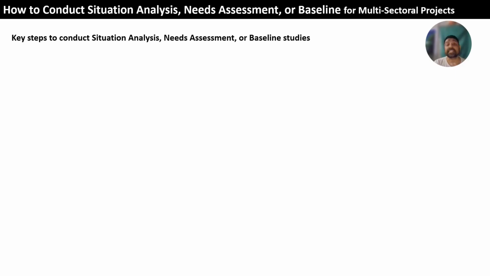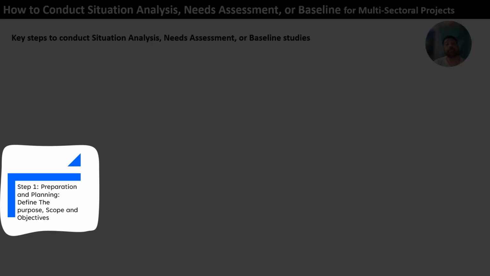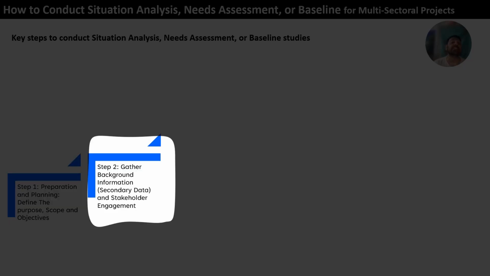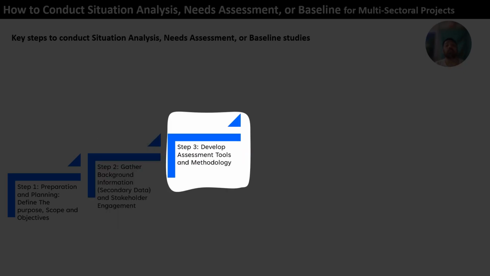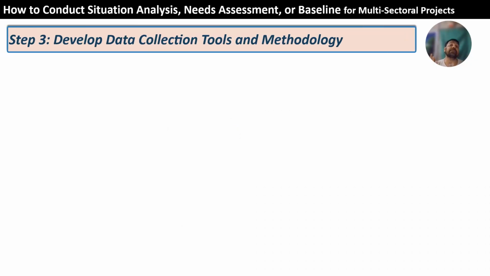So far, we discussed step number one, preparation and planning, defining the purpose, scope, and objectives of the assessment. Then we discussed step number two, which is to gather background information, stakeholder consultation, and review of secondary data. Now we will discuss the third step, which is to develop assessment tools and methodology.